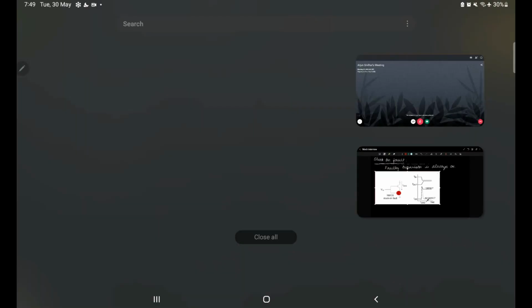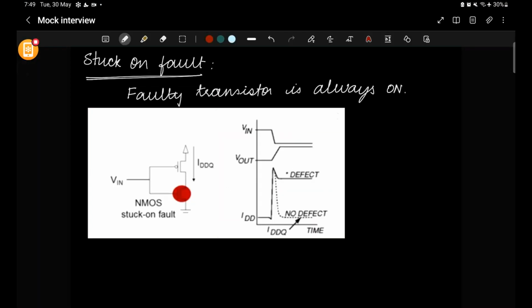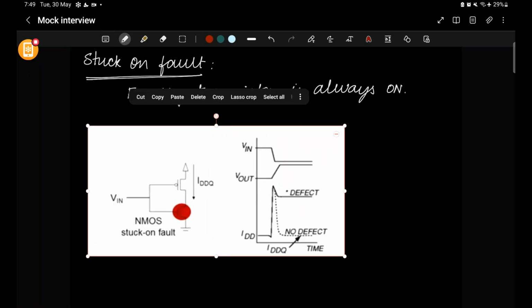Yeah. So, stuck on fault means that the faulty transistor will always be on. If you consider a NOT gate, assume that this NMOS is stuck on.